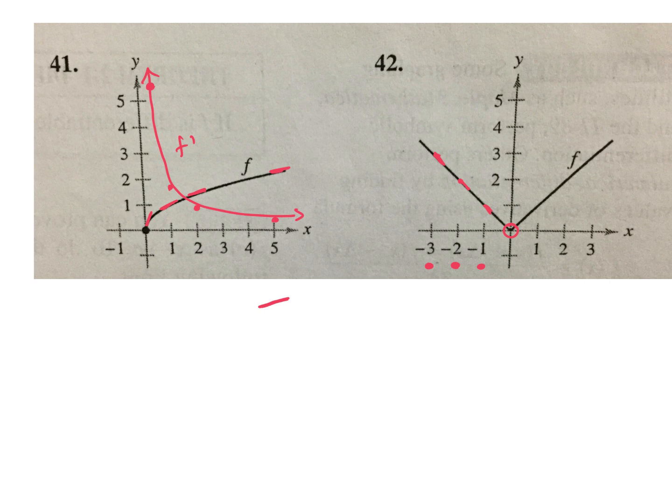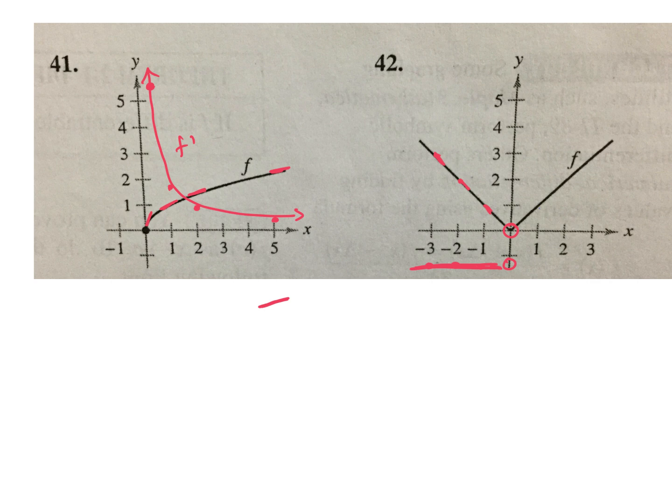Anybody? Does not exist. Why does it not exist? It's a sharp turn. So right there, it does not exist. But everywhere left of 0, it should be what? -1. Agreed?